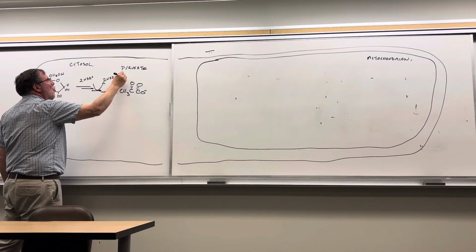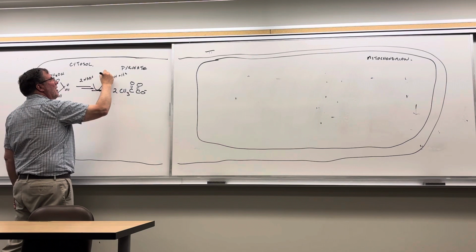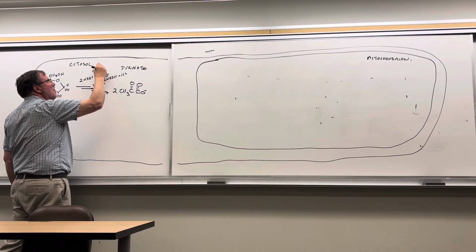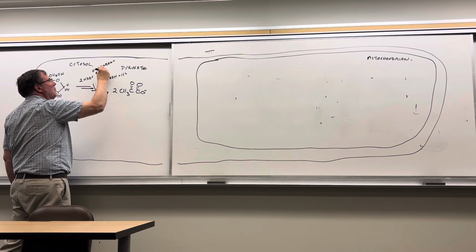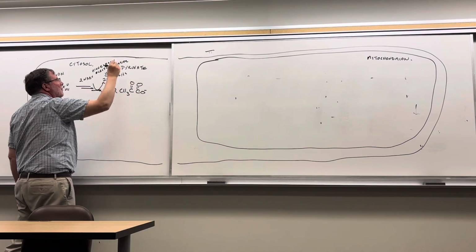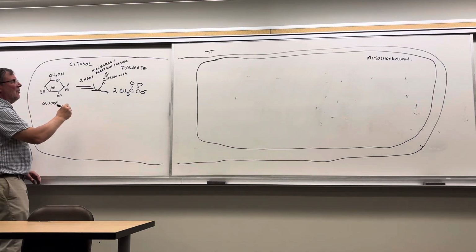I'm going to wait to talk about the structure of NADH and how that works until we get to that reaction in glycolysis. But I'll just put this is a high energy electron carrier. Where's it carrying those electrons to? I'll get to that.